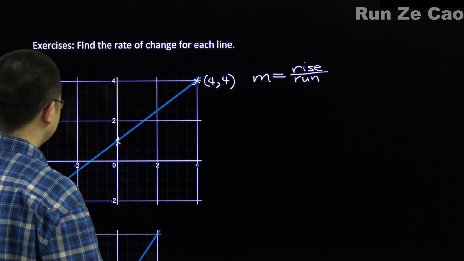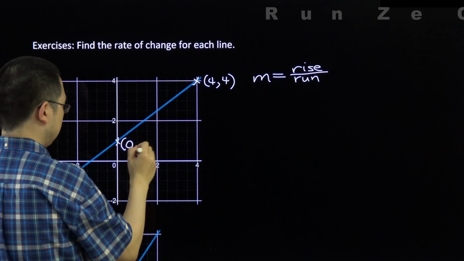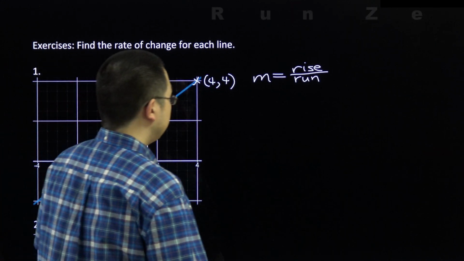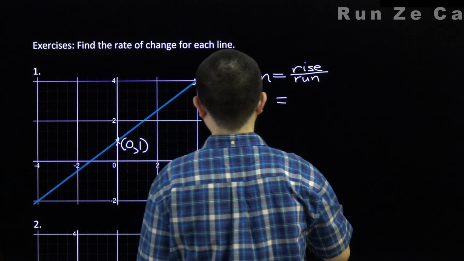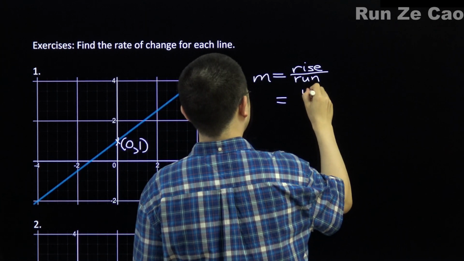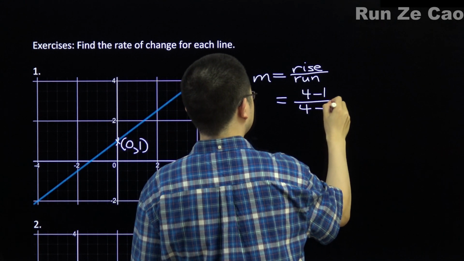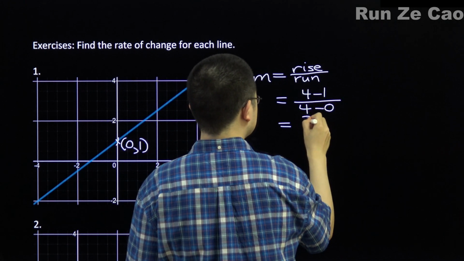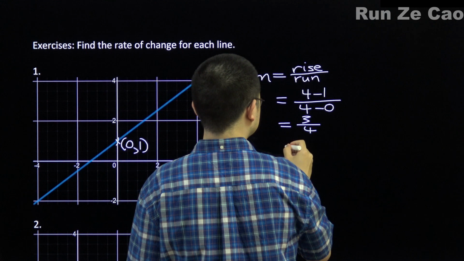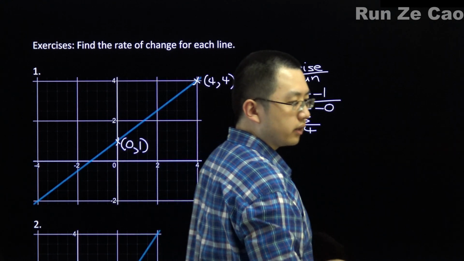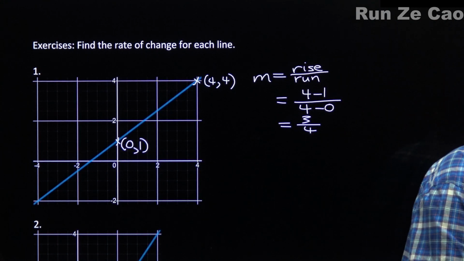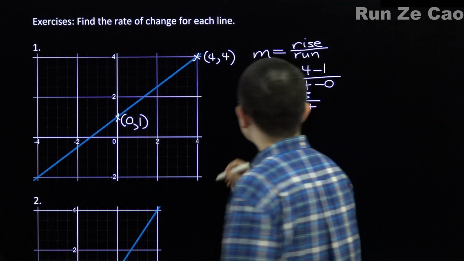This point over here is 0, 1. So rise is 4 minus 1. Run is 4 minus 0. So it's 3 over 4. That is the rate of change for this line. M is equal to 3 over 4.